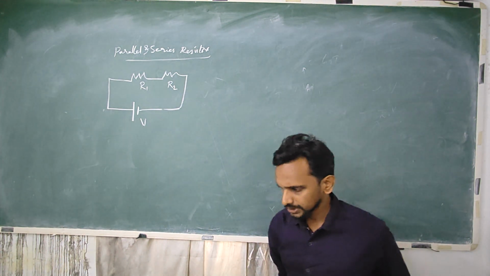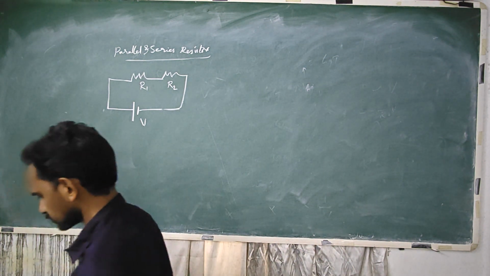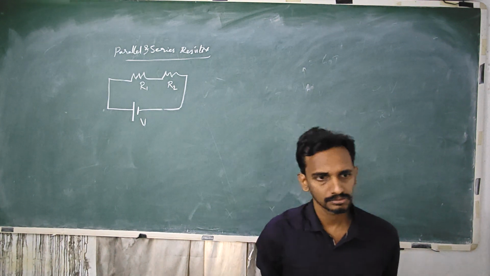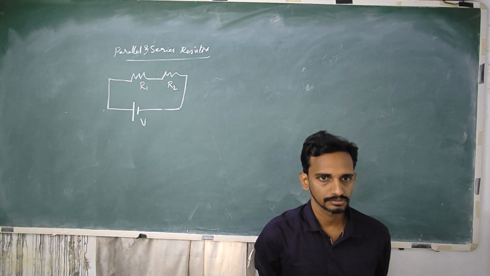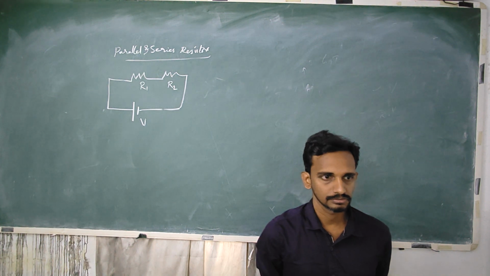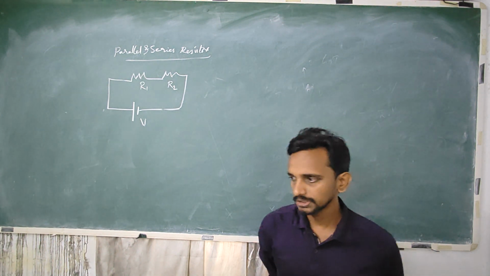So when I join 2 resistors in series, what is it that remains constant? That is the current.